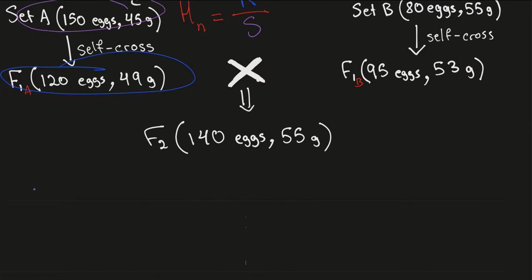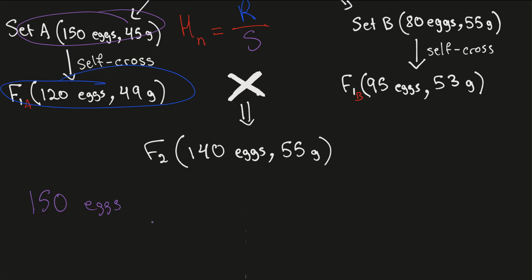Over here, we have not 150 grams, but rather 150 eggs that are produced on average in set A. Now the difference between that and the parents is 50, right? Because the parents have 100, and we take the absolute value of this difference, so we get 50 eggs changed.